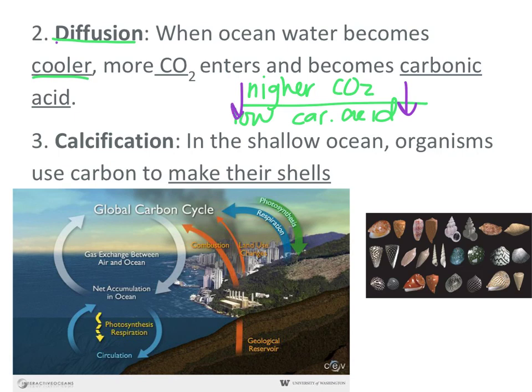So diffusion can both add carbon to the atmosphere and remove it all around water. The third one here, calcification, we're not going to add to our diagram, but it does occur in the shallow ocean when we have little critters that have shells on their back. They can remove that carbonic acid from the water and use it to make their homes.